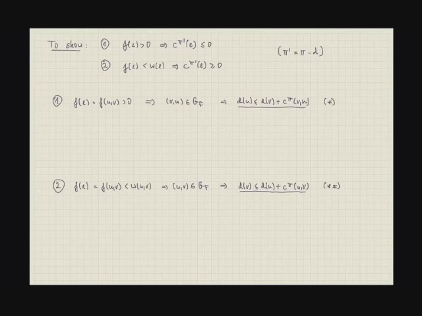So we want to show these two implications: whenever the old flow is strictly positive, the new reduced cost coefficient is non-positive, and whenever the old flow is strictly below the upper capacity bound, the new reduced cost coefficient is non-negative.